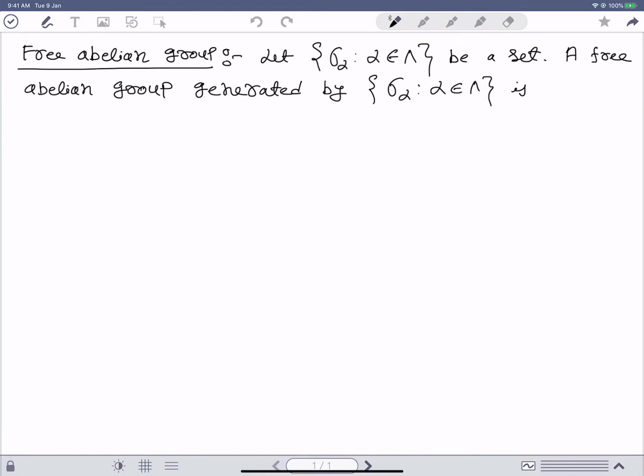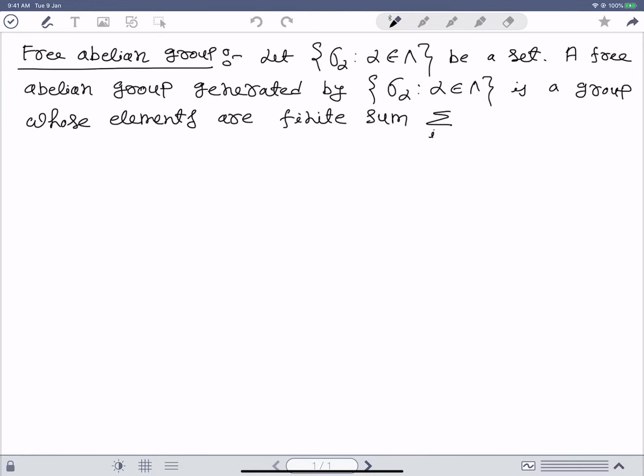So the abelian group generated by this set is a group whose elements are finite sums, say the sum for i equal to 1 to some finite number m, of n_i sigma alpha_i, where this n_i, that is the coefficient of sigma alpha_i, belongs to Z. Okay, and the indices alpha_i belong to the set lambda.